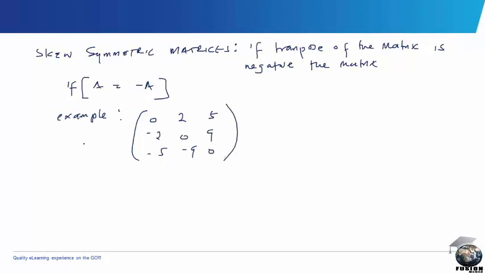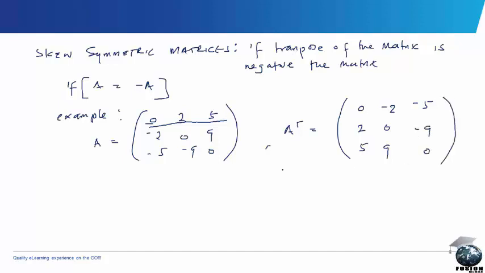If A is equal to this, then A transpose will be equal to 0, 2, 5, that's the first row coming as the first column, and then the second row coming as the second column, minus 2, 0 and 9, and then the third row coming as the third column, minus 5, minus 9 and 0.